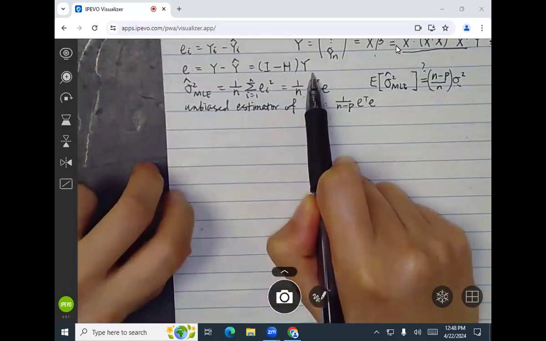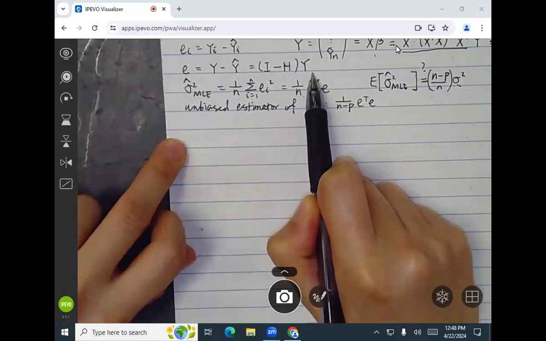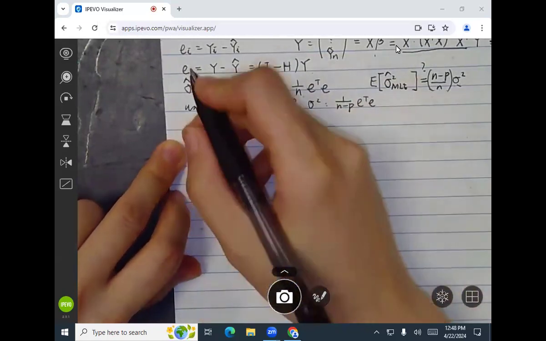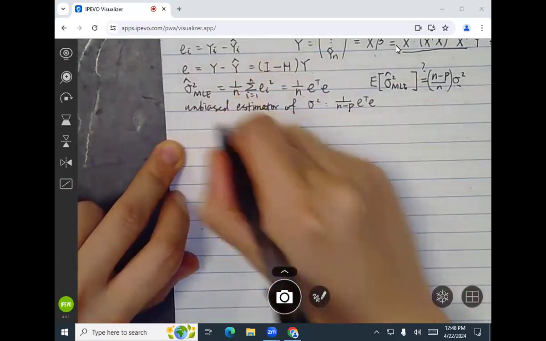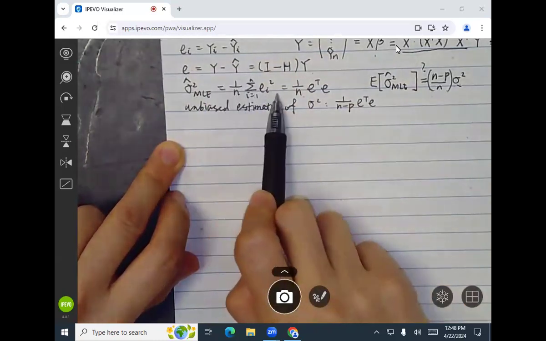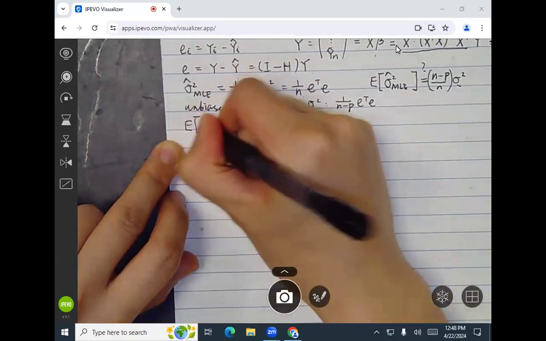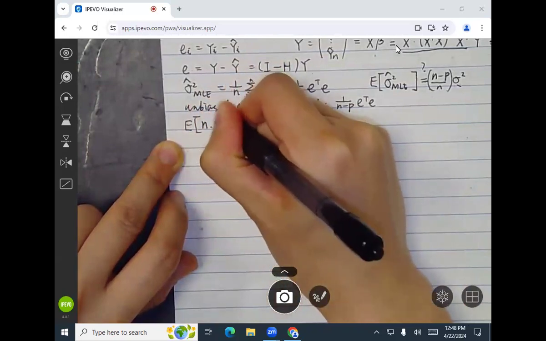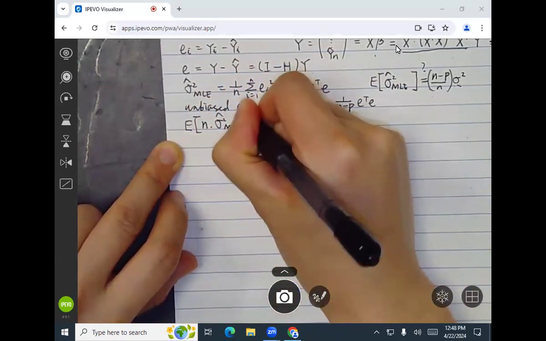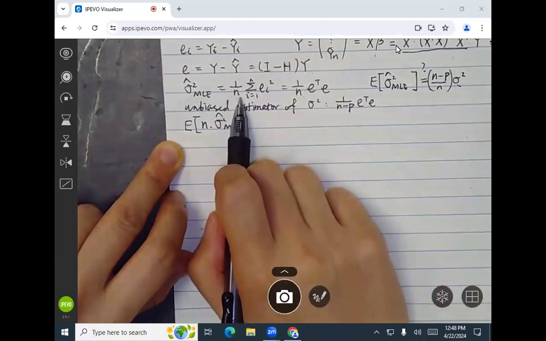Then if you have the sigma squared MLE, let's calculate the expectation of n times sigma squared hat MLE. Then I don't need to worry about this 1 over n anymore.